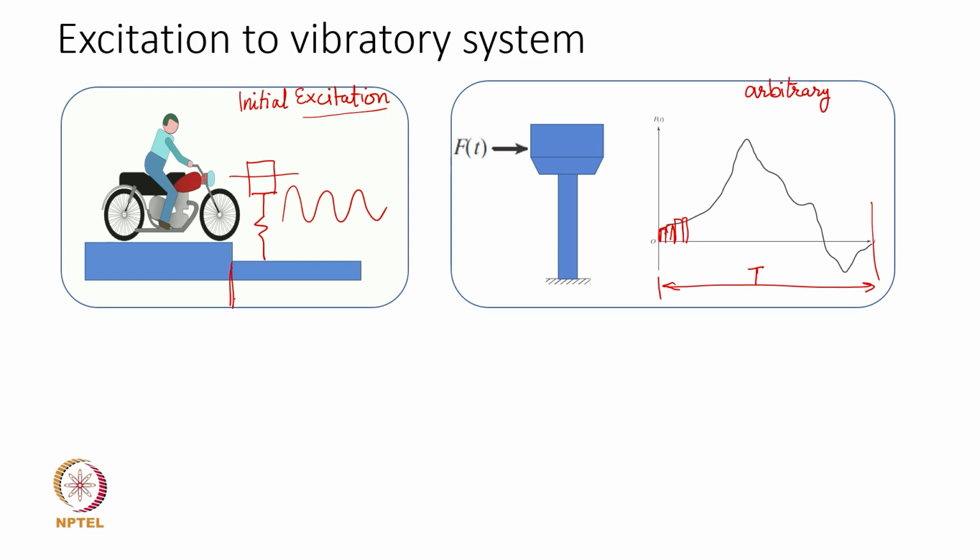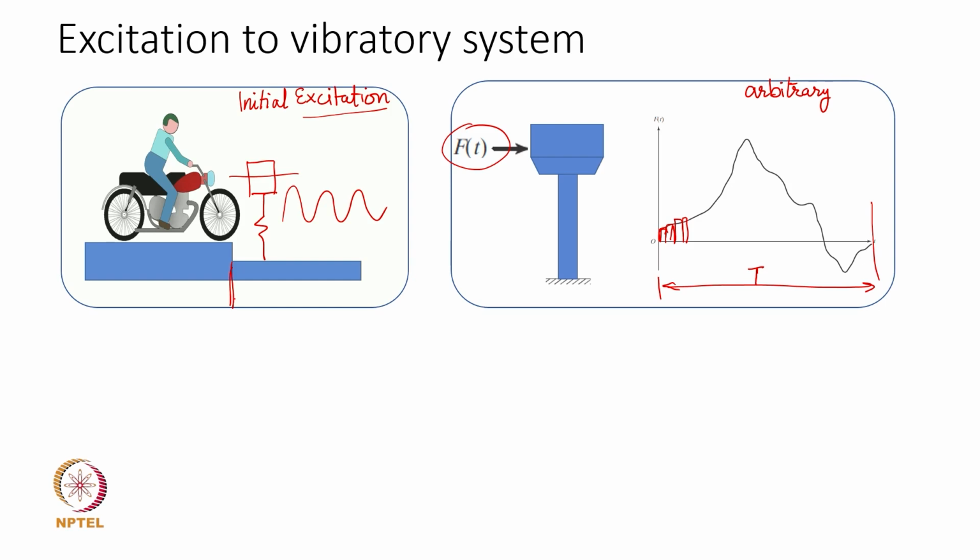So, this was the second type of excitation that we discussed for a vibratory system, wherein short duration transient excitation, like a blast load on a concrete tank or any other mechanical system like an impact hammer, which is a vibratory system, the excitation could be of transient or arbitrary type.